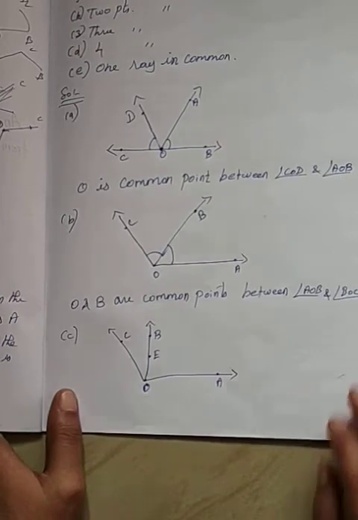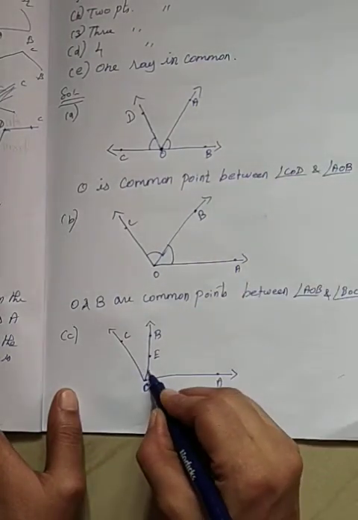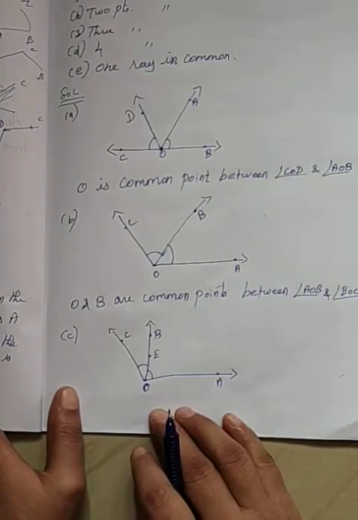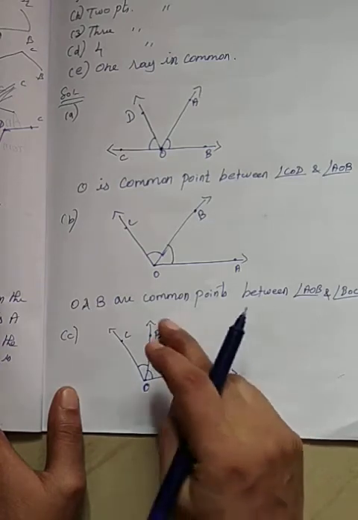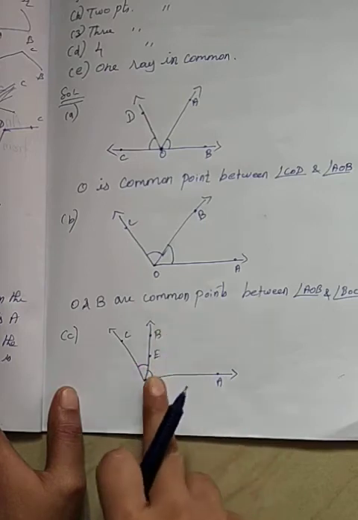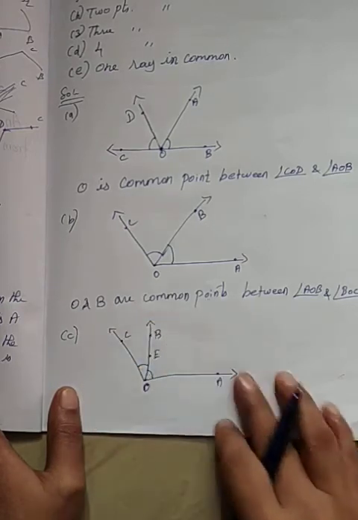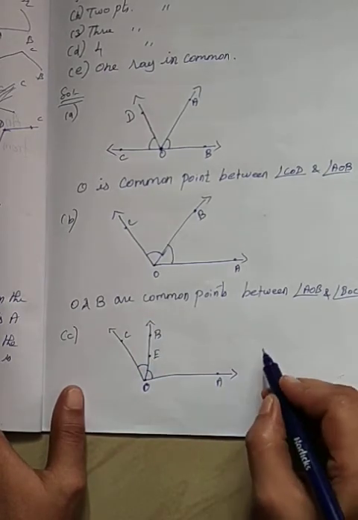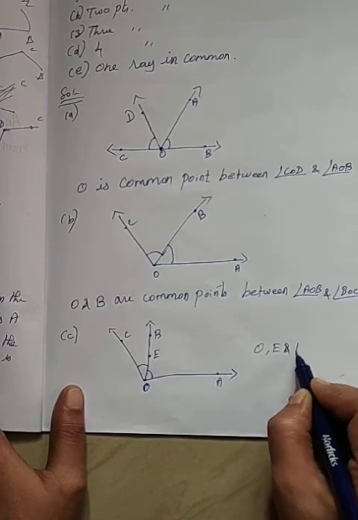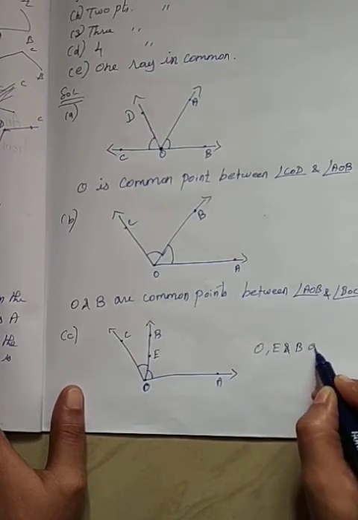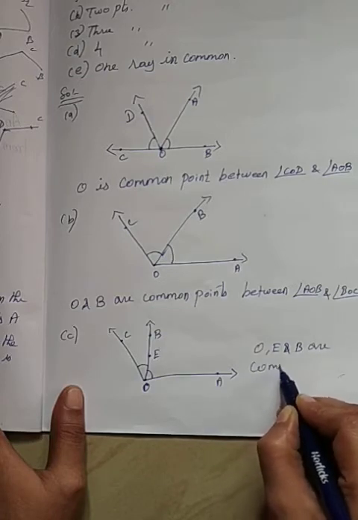The given concept is two angles. That means see here, these are the two angles and then 3 points. See here, B, E, O, 3 points are common for this angle and then this angle. So here, how can you write for that one? O, E and B are common points. Right?